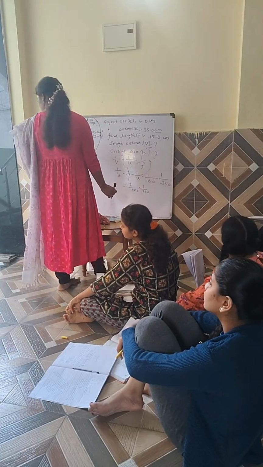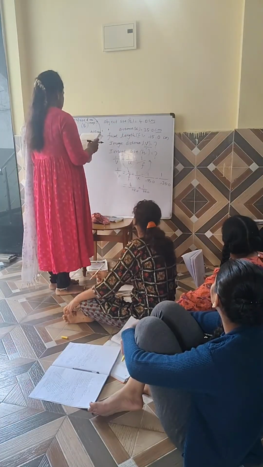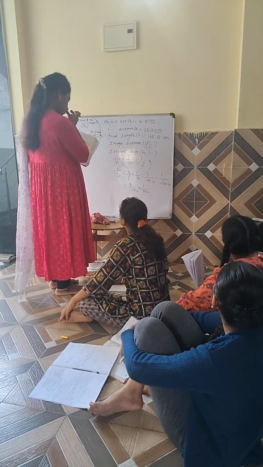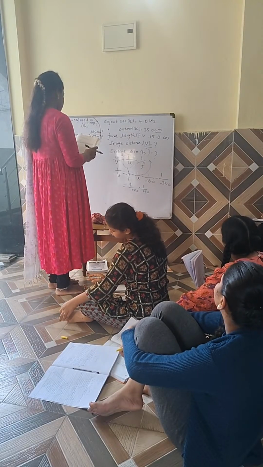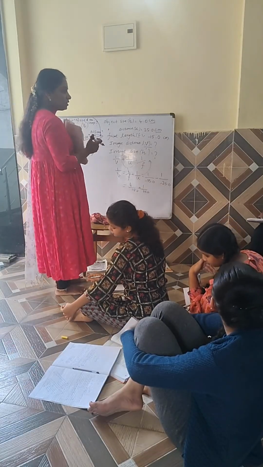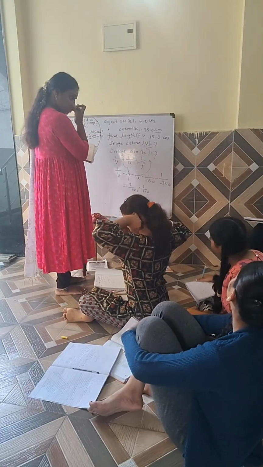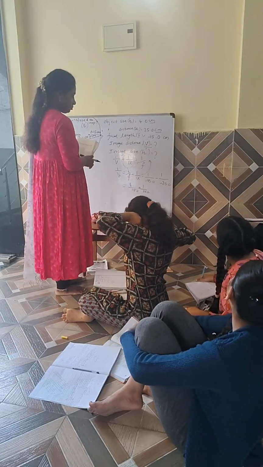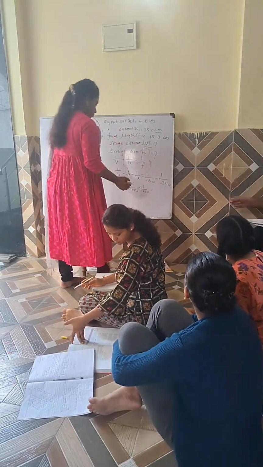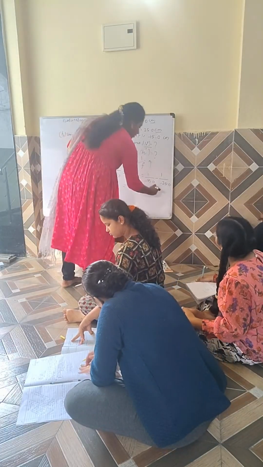13.0 plus 1 by 25.0. Minus 37.5. 75.3. LCM you will get 75.0.